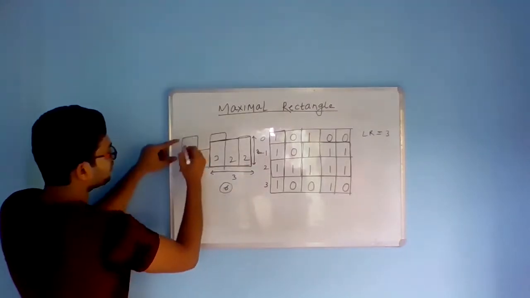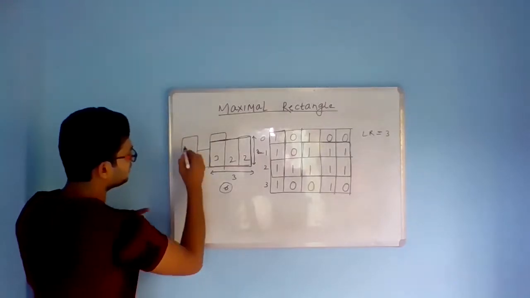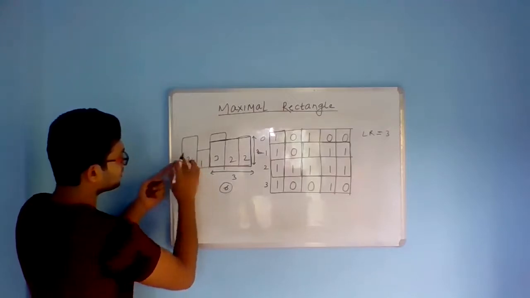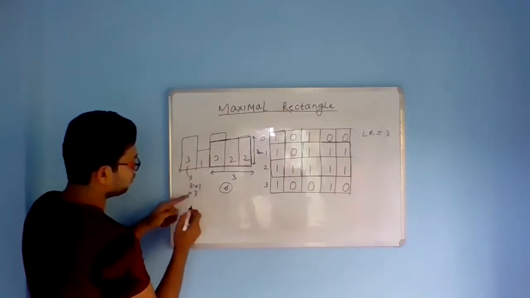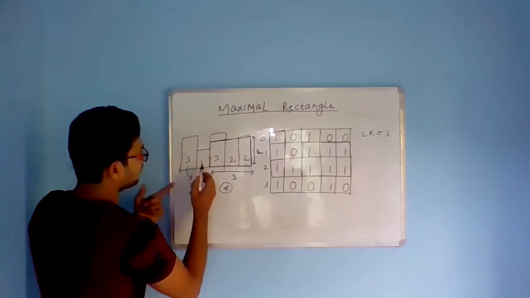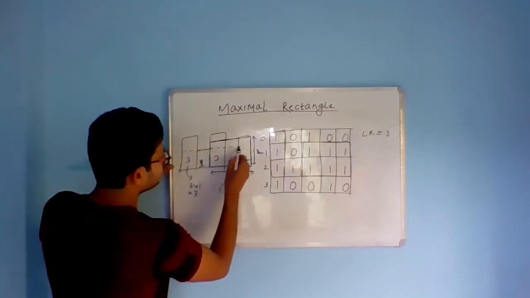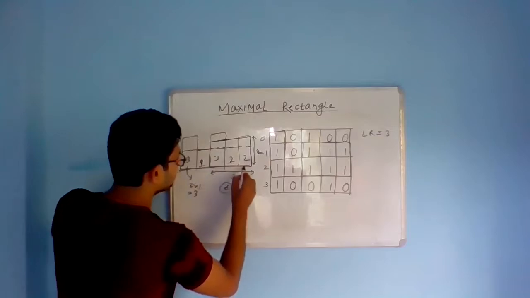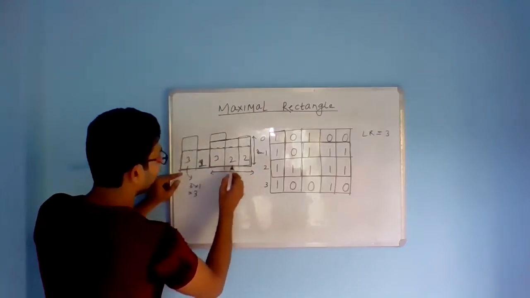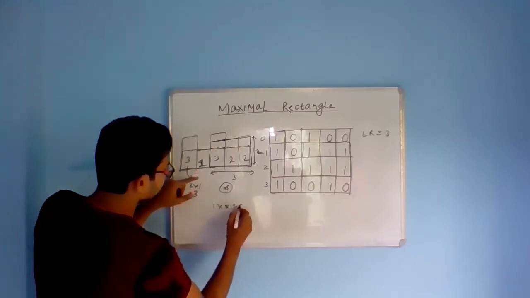If we notice the contribution this particular block can make to the area, it will be 3 into 1, which is 3, smaller than 6. Similarly, for this particular block, the height is 1 but the width is 1 2 3 4 5, so the area will be 1 into 5, which is 5.